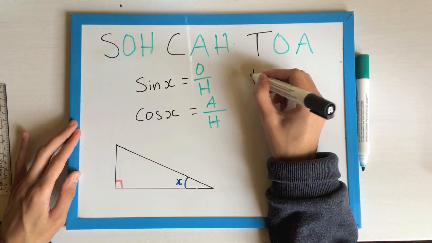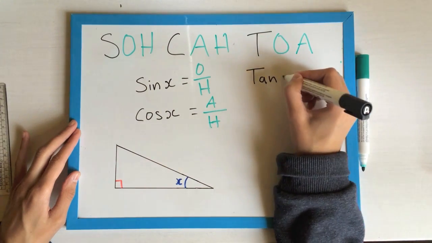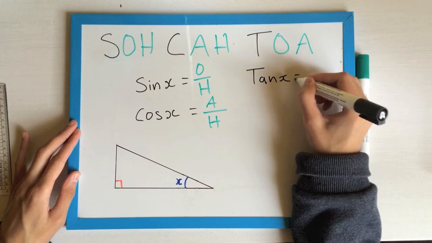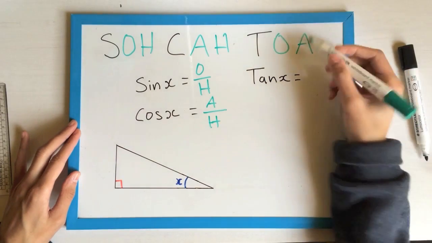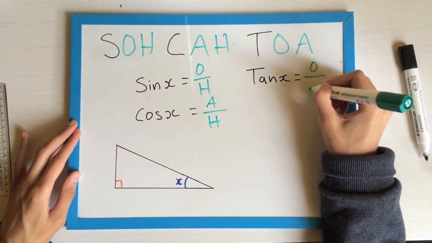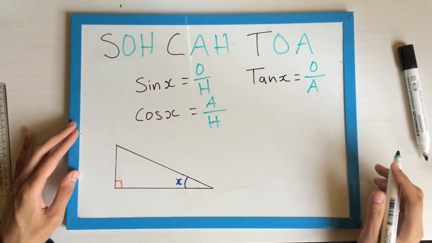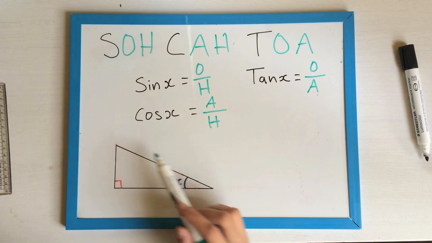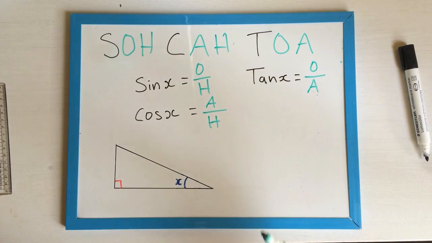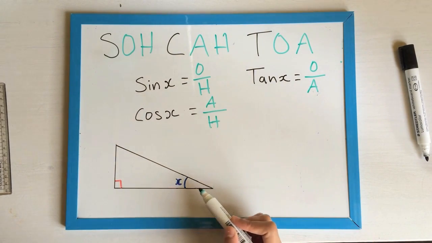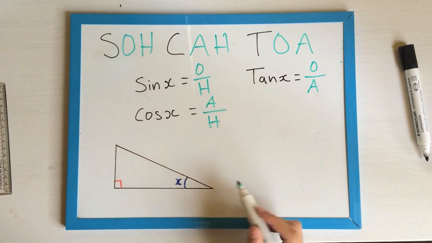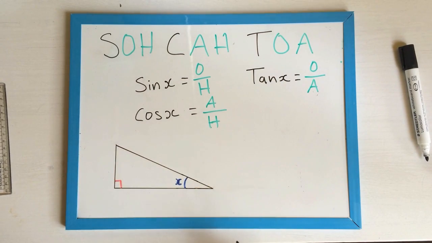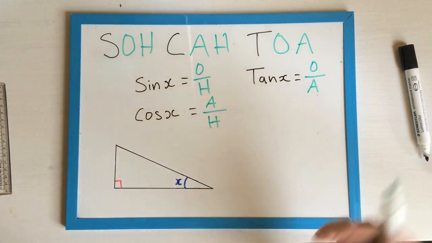TOA is tan x, which is equal to opposite over adjacent. So these are what you would call trigonometric ratios, and we'll use them to find unknown values for our angles or any of our sides. We'll go through an example and that will help you understand things a lot better.